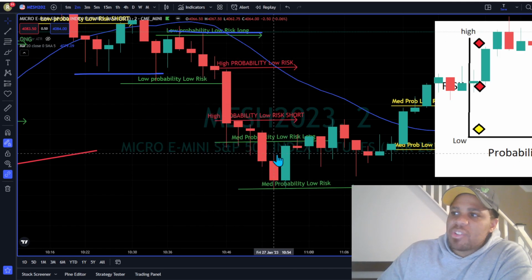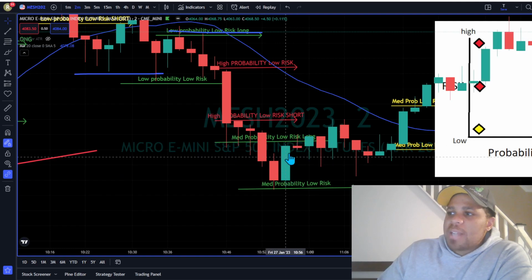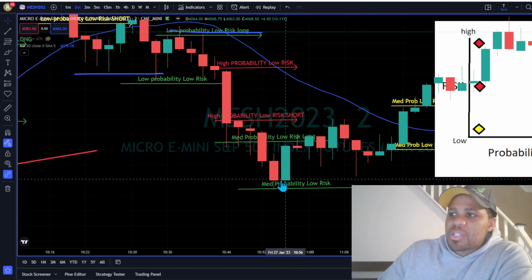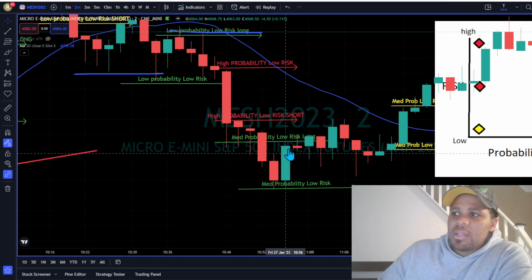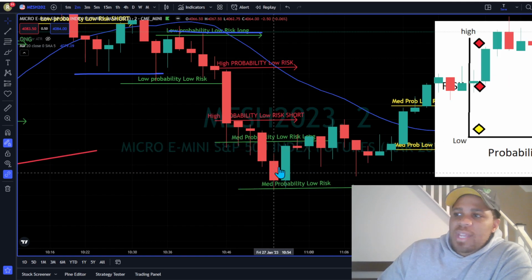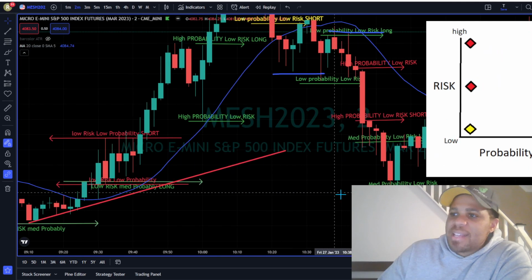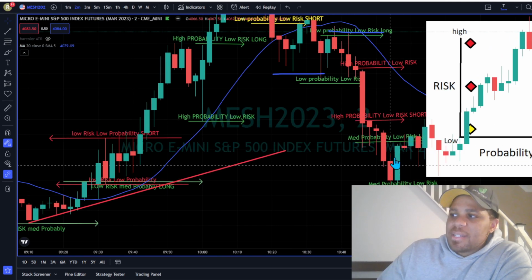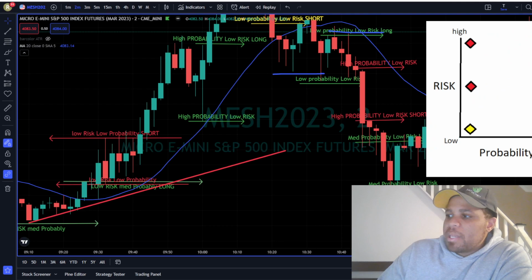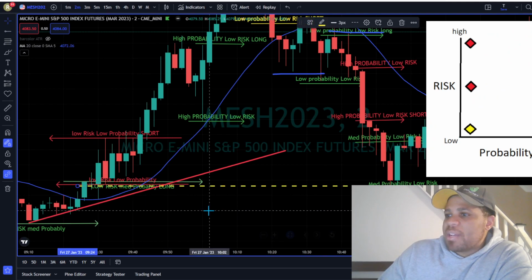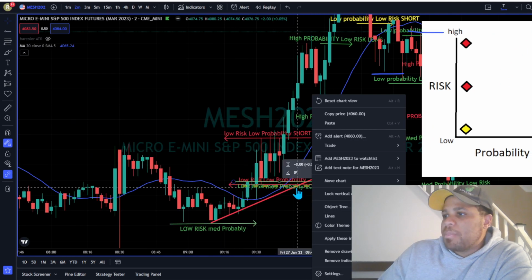But this bar is a big bar, and it just reversed a pretty nice sized bar. It just engulfed that bar right here. You see that? So the engulfing right here makes this a medium probability. Also, you have support down here from where it turned around before.